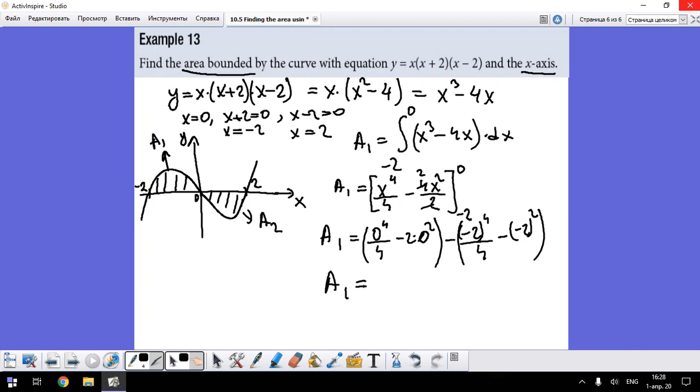So area 1 will be this part 0 minus, in the parenthesis there should be 2 to the power of 4 is already 16. So 16 divided by 4 will be 4 minus 4.